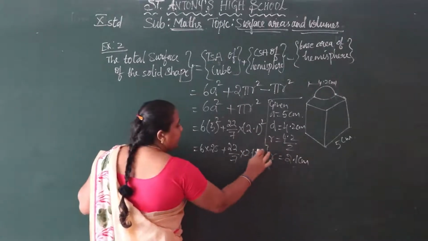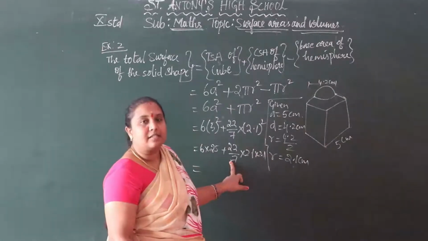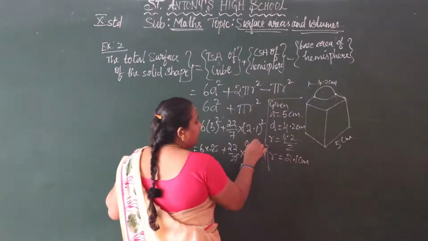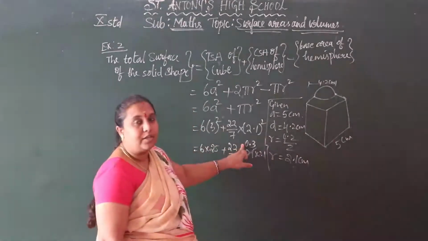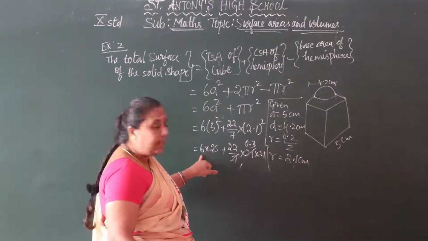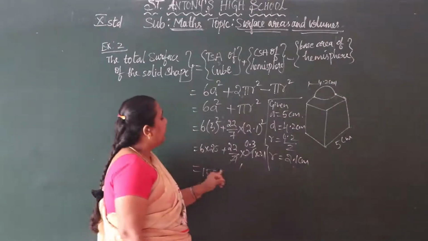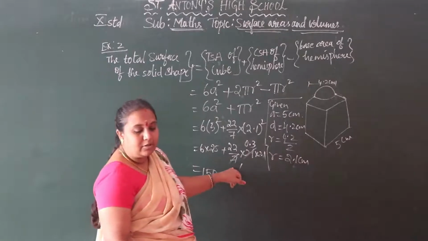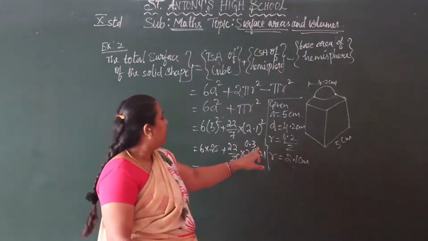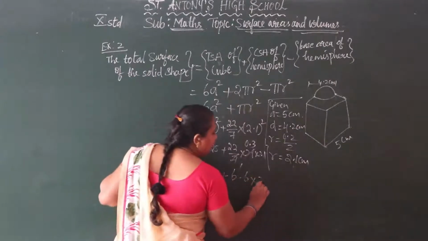Now 2.1 into 2.1, here we have to cancel. 7 ones are 7 and 7 threes are 21, so we write 0.3 here. Now 25 into 6, 25 sixes are 150, plus 22 into 0.3. 3 twos are 6 and 3 twos are 6, so we write 6.6 into 2.1.